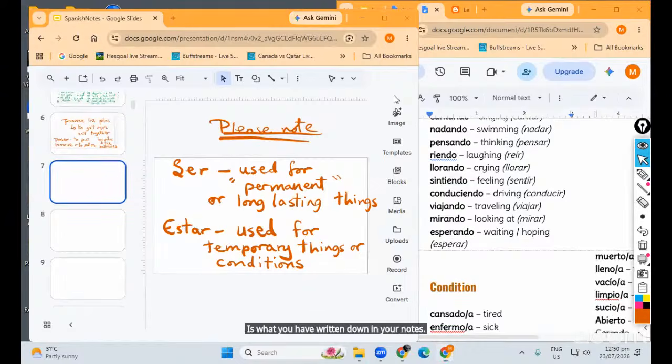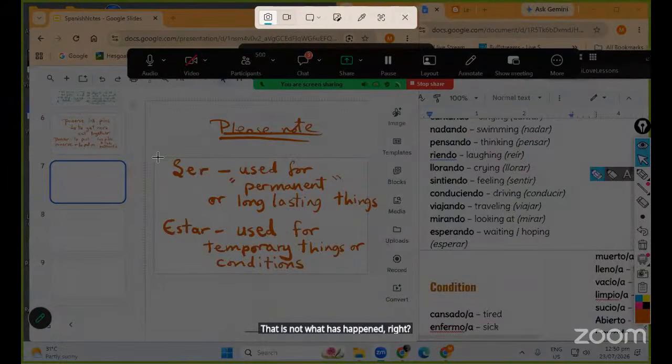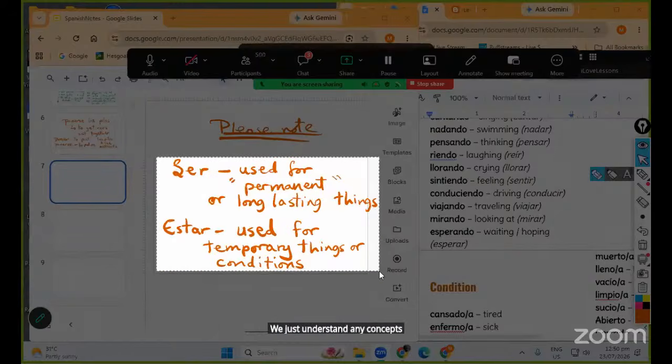You could start creating your resource by noting vocabulary. But you are not expected to go and memorize 1,000 words that Miss bombarded you with. That is not what is happening, right? We're just understanding the concepts and memorizing the grammar, okay?